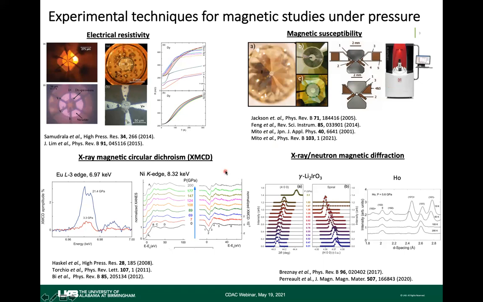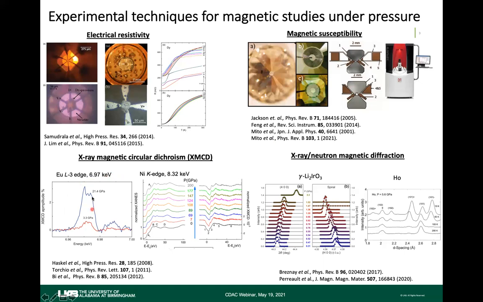And then another technique is becoming more popular now. It's the XMCD. So the XMCD actually uses circularly polarized X-rays by switching between left circular and right circular X-rays, and we put the sample in a high magnetic field, and by taking the difference of the absorption data, you can probe the magnetic state in the magnetic material.